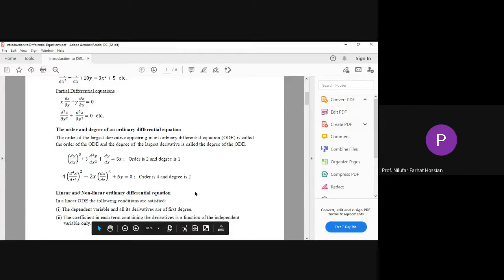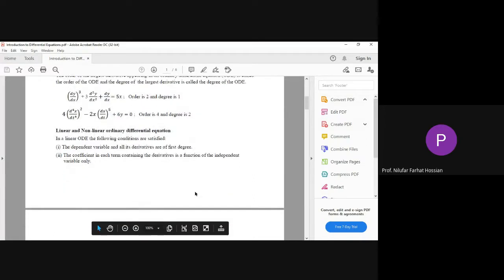Okay, now let us have another definition which is also very important: linear and non-linear ordinary differential equations. So what is the definition of a linear ODE? In a linear ODE, the following conditions must be satisfied. The dependent variable and all its derivatives are of first degree.